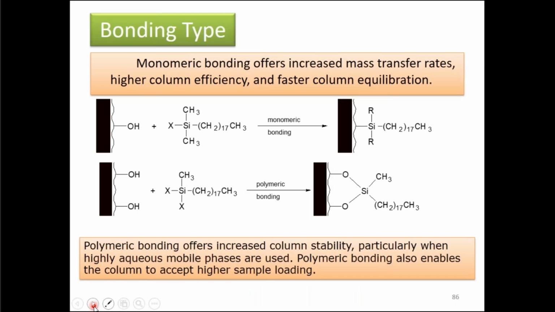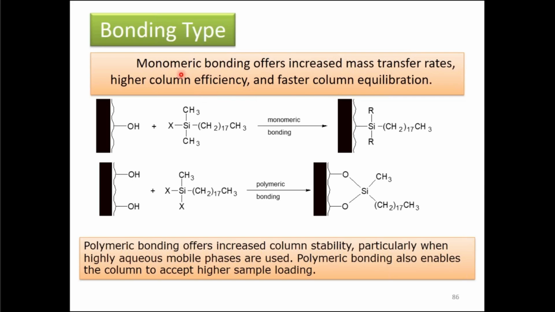Next parameter is the bonding type. So you could have monomeric bonding or you could have polymeric bonding. Any one of these can be seen in the various columns. Monomeric bonding offers increased mass transfer rate, high column efficiency, and faster column equilibration.